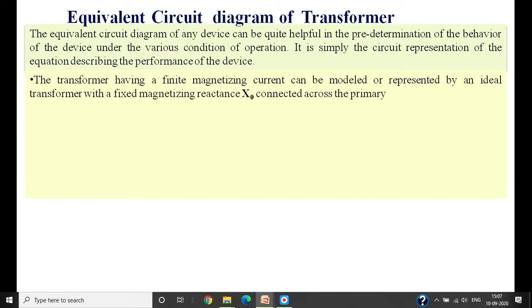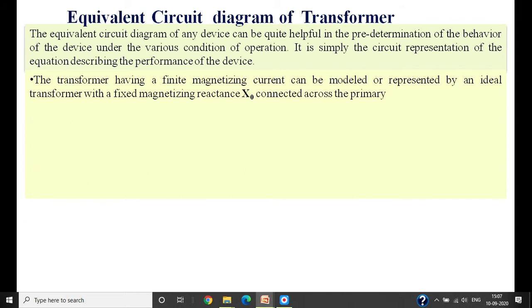I mu creates a magnetic flux in the magnetic core and IW represents the core losses in the transformer. These two components, I mu and IW, are taken care of in the equivalent circuit diagram.